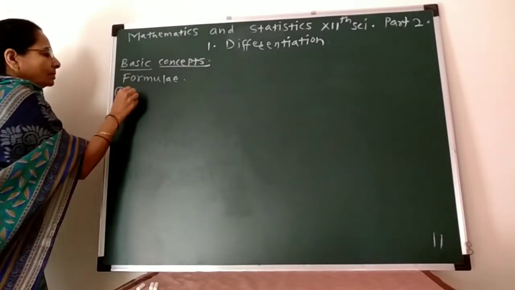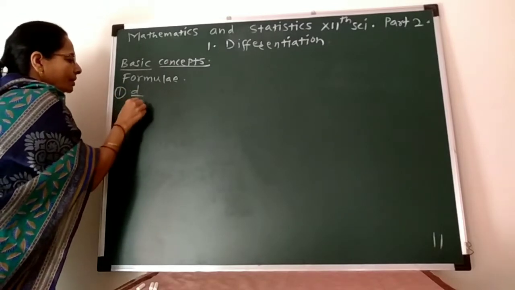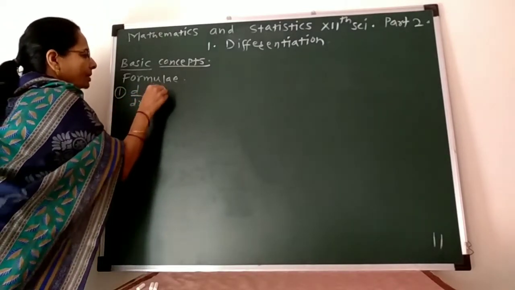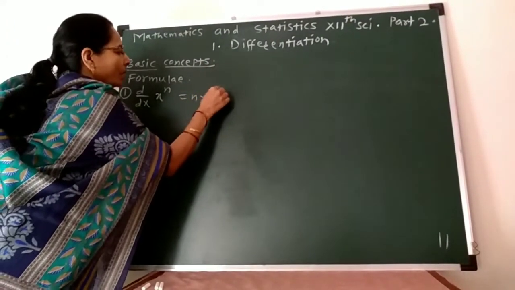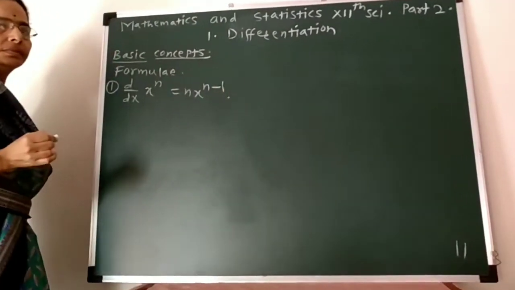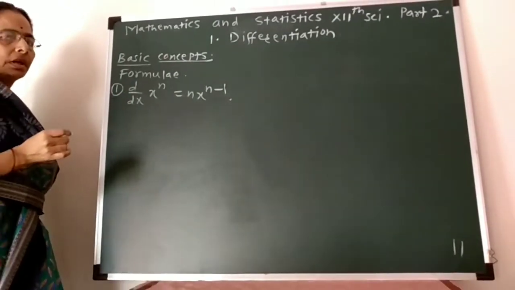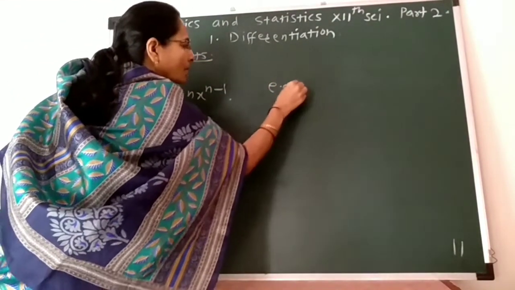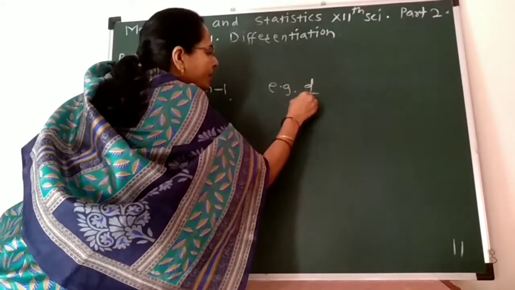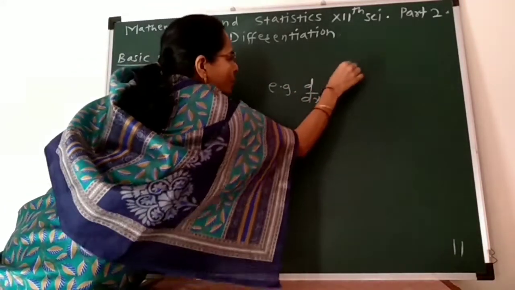First, d/dx of x raised to n is n x raised to n minus 1. Suppose, for example, d/dx of x raised to 6.